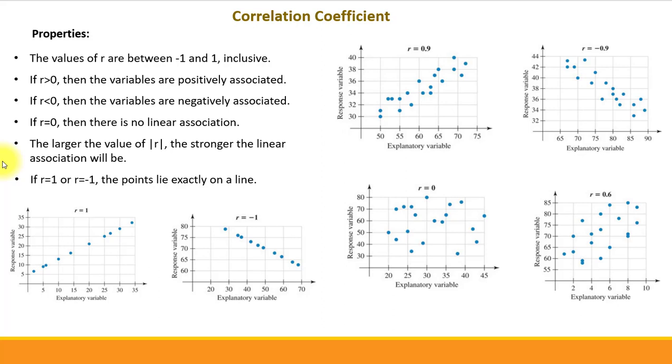We learned that linear association can be positive or negative, that is the direction of the association, and that the strength of an association can be effectively measured by what's called the correlation coefficient r. In the next video, we're going to learn how to compute the correlation coefficient for the given bivariate data.